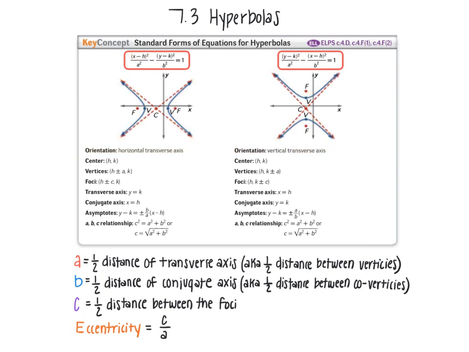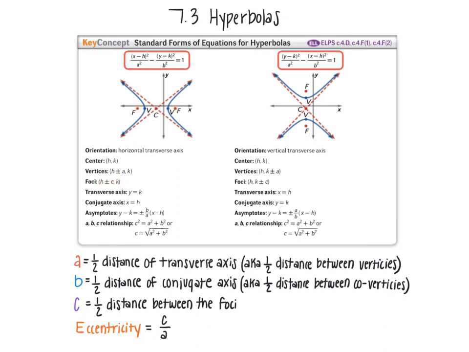Now let's quickly go over some characteristics before we move on and start solving problems. Just like ellipses, the center of our hyperbola is always given to us by h, k. Your vertices are always going to be located on the hyperbola, and you can calculate their location by using a, h, and k. Your foci are always going to be located in front of your vertices.